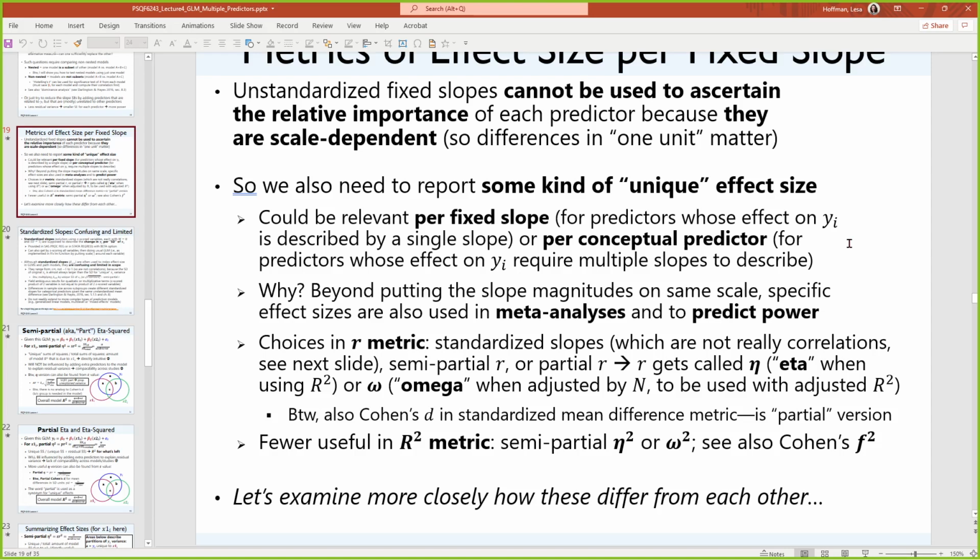More people, more power, because you have a smaller standard error. So the more people you have at the same level of effect size, the more likely that effect size is to be significant. So you can have a slope that's significant at p less than 0.0001, not because it's big, but because you have enough people. And so that's why we always want to qualify the results of a significance test with an effect size simultaneously.